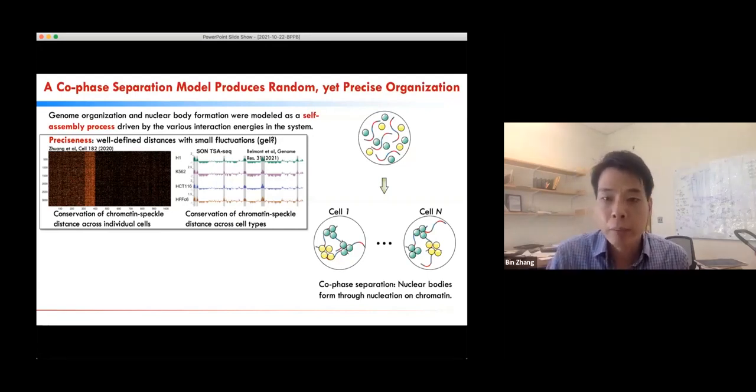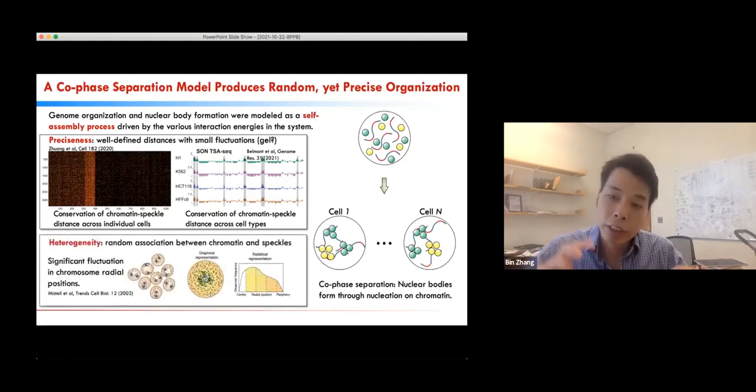But in the meantime, because phase separation is non-specific, in different cells the nucleation could use a different set of chromatin segments. So there is a heterogeneity in the chromatin segments that are nucleating the nuclear body in different cells, and this heterogeneous context could give rise to the heterogeneous chromosome positioning in individual nuclei as well.